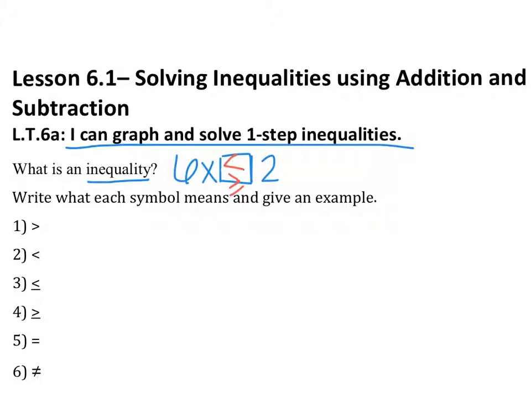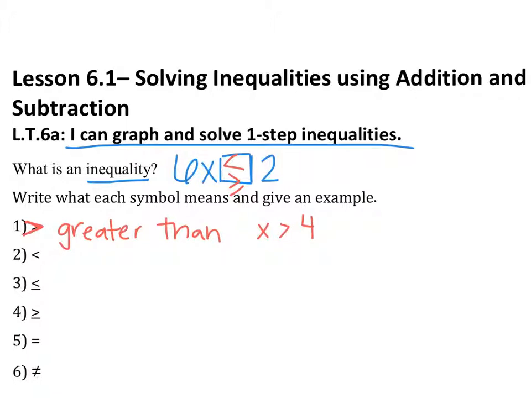So the first symbol right here, this is a greater than. So you could write x is greater than 4.